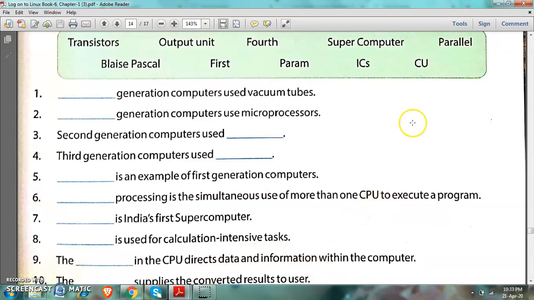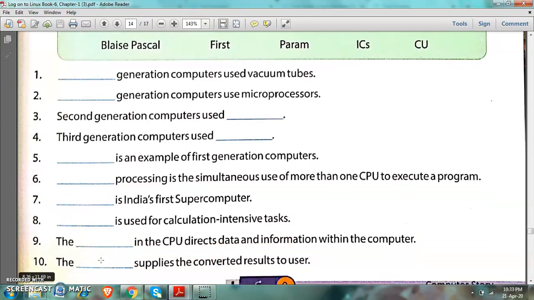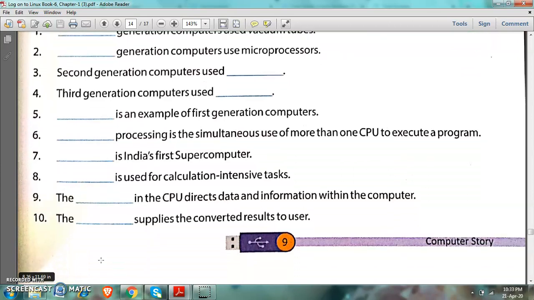So here your answer will be control unit, as it directs data and information within the computer. It is a very important part of the CPU. So you are to write here control unit, CU. CU is the short form of control unit.